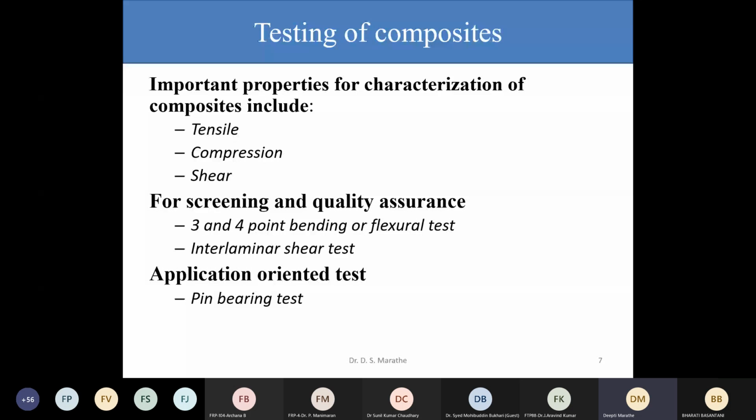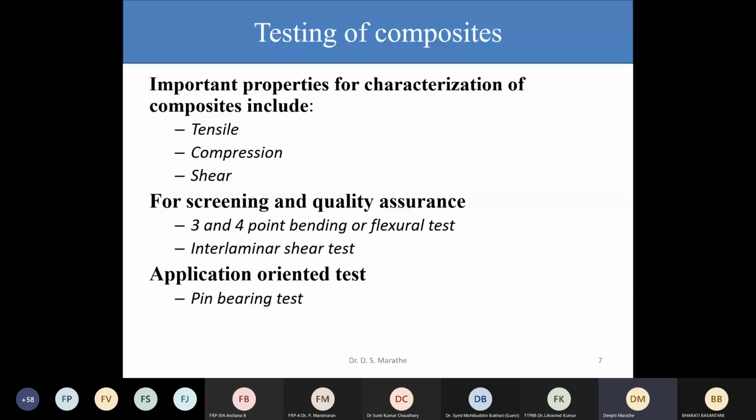Such tests are 3-point and 4-point bending, also called the flexural test, and then the interlaminar shear test. Then there are some specific properties which are going to be application based. So application oriented tests, for example, the pin bearing test. If I'm going to use these composites as a structural material and fabricate, say, furniture, panels, etc., then during fabrication a number of fasteners are going to be used. Holes are going to be drilled into the lamina to fix fasteners together.